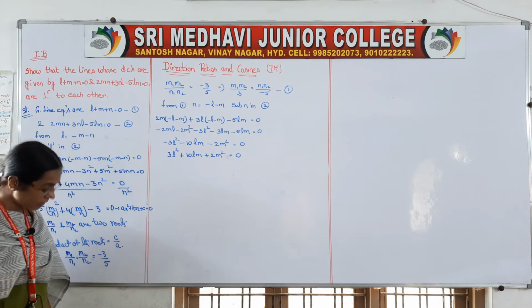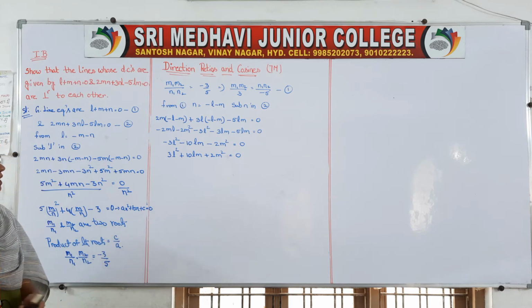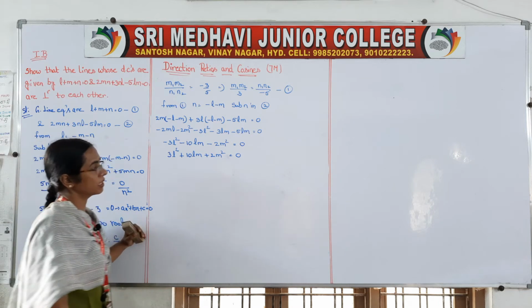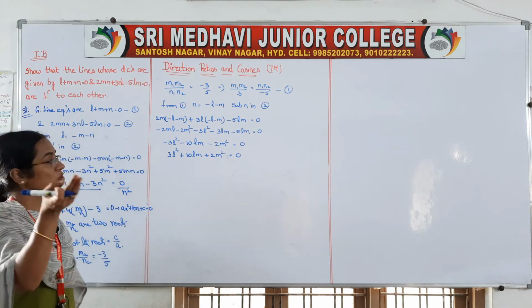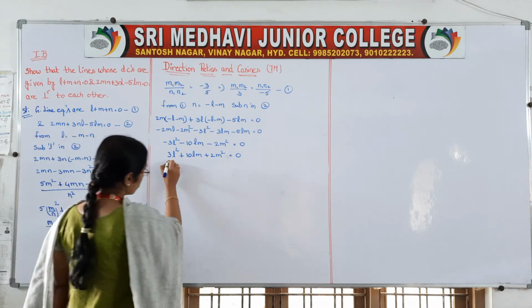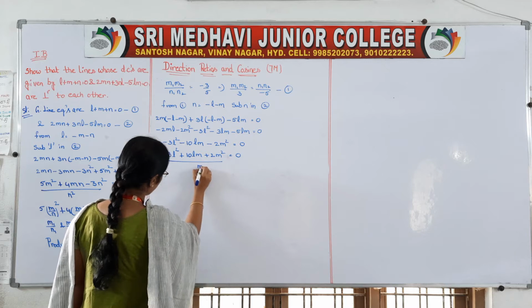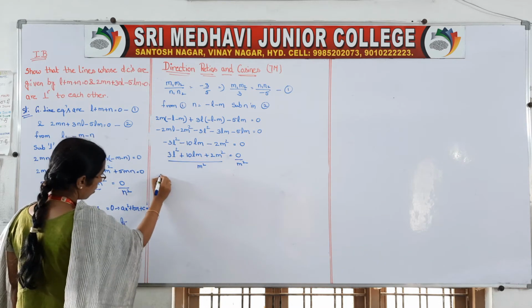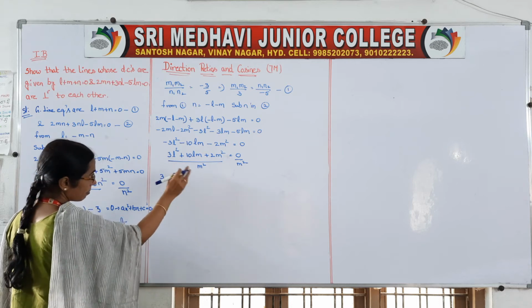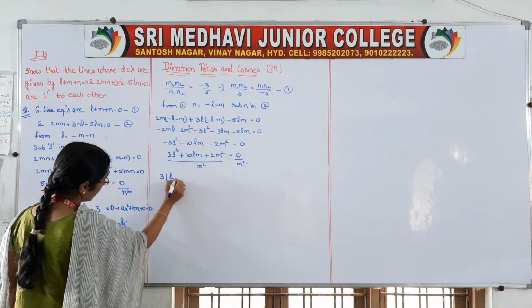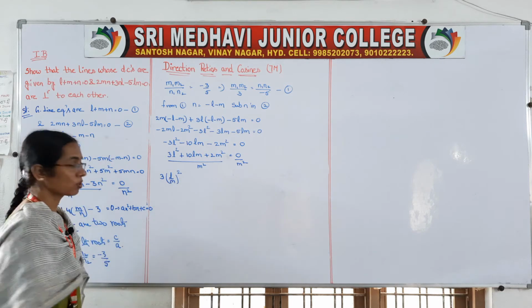Try to get the factors. How will we get it? 3 into 2, 3 2s are 6. So we have to select two numbers whose product should be 6 and whose sum should be 10. It is not possible. So we will divide this by m square on both sides. How will we write? 3 into l square by m square, both are having square, so we can write l by m whole square.